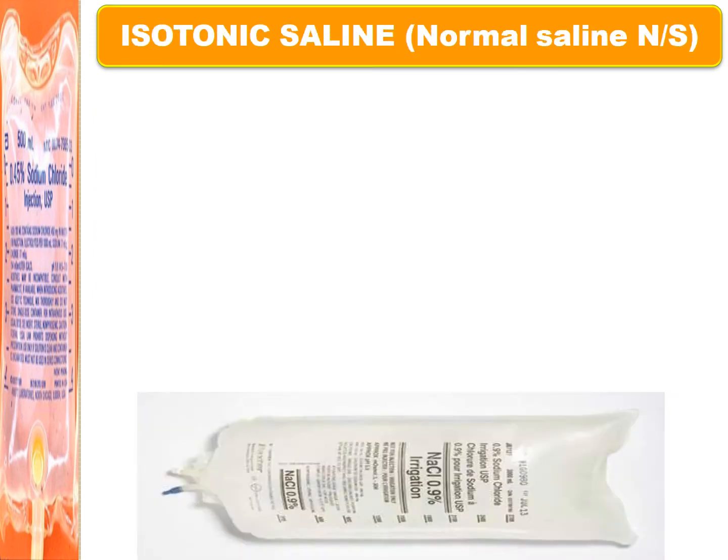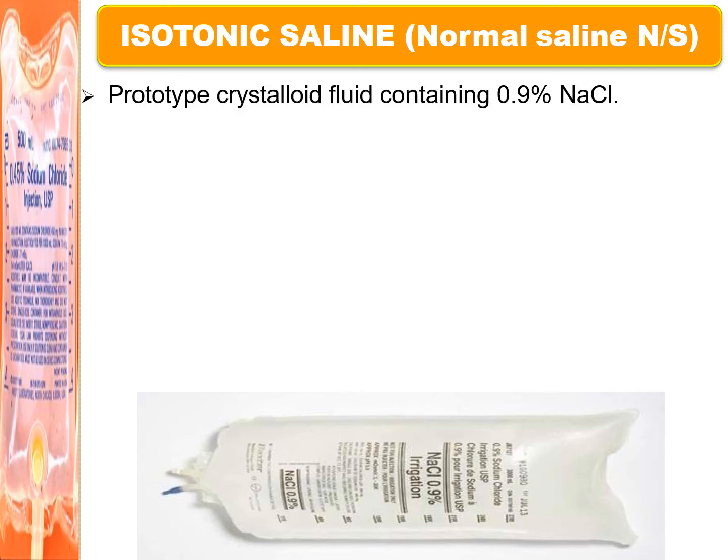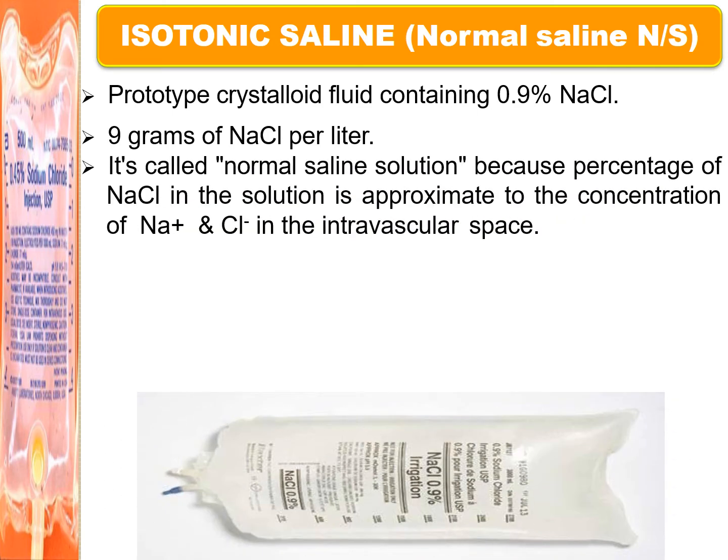Now let us discuss the crystalloid preparations one by one. The first one is isotonic saline, that is, normal saline, denoted as NS. NS is a prototype crystalloid fluid containing 0.9% NaCl, that is actually 9 grams of NaCl per liter.